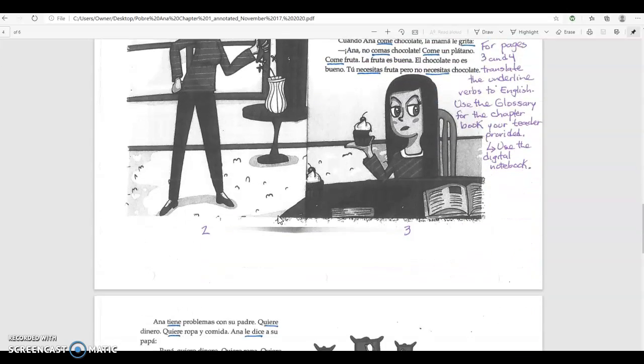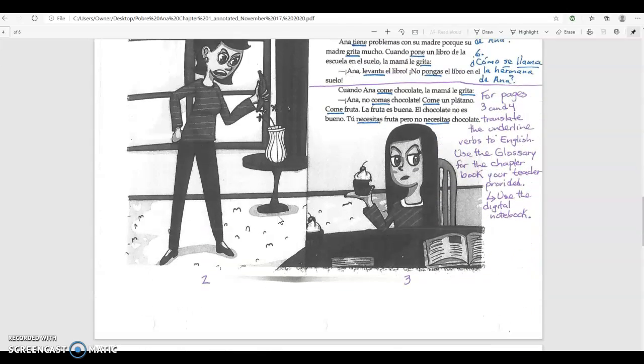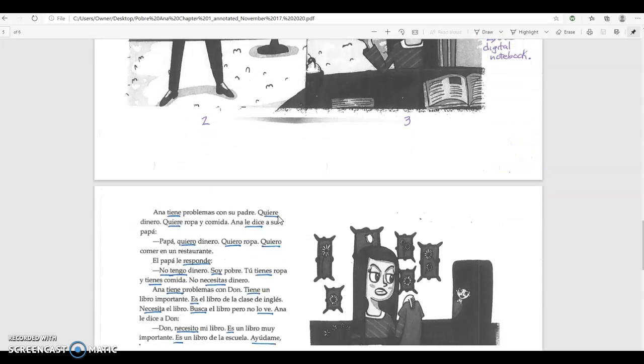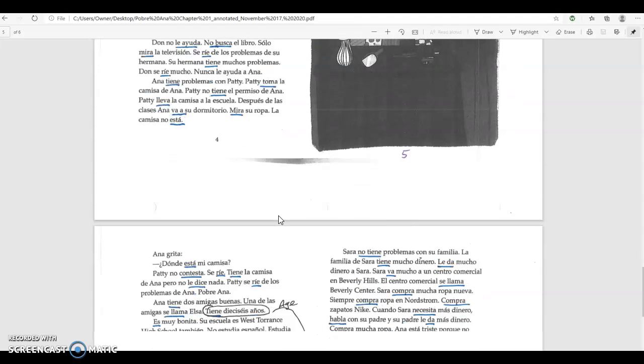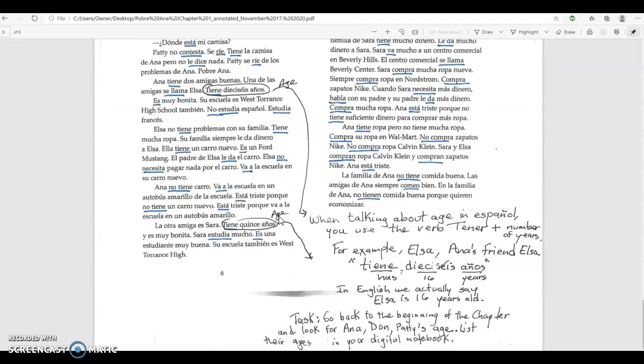Then pages 3 and 4, you are to use the glossary as a study tool to translate the underlined words in blue, which are verbs, action words, verbs. Okay. And then the last 2 pages, you're going to have a different task to do. And I'm focusing on talking about age in Español.